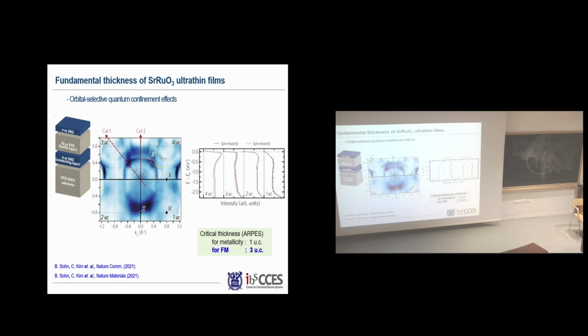Okay, so in oxide thin films, everybody knows it is extremely important what kind of substrate you use, particularly for very ultra thin films, because the symmetry at the surface translates to the top layer. So if you use a different kind of substrate, then we are actually working on different kind of physics. So we have to be extremely careful.